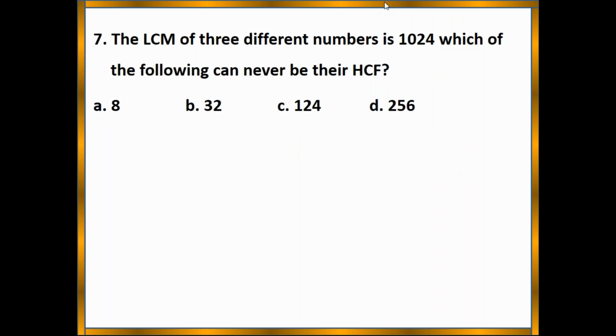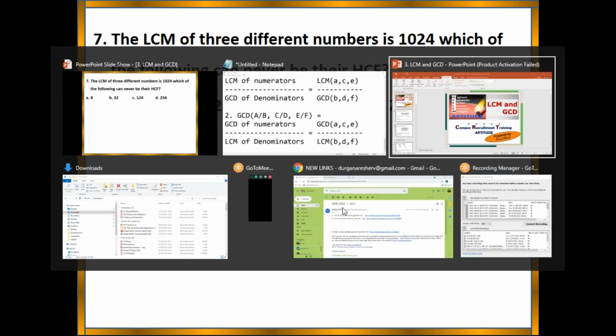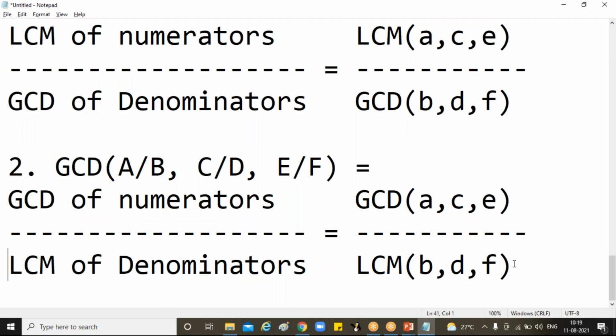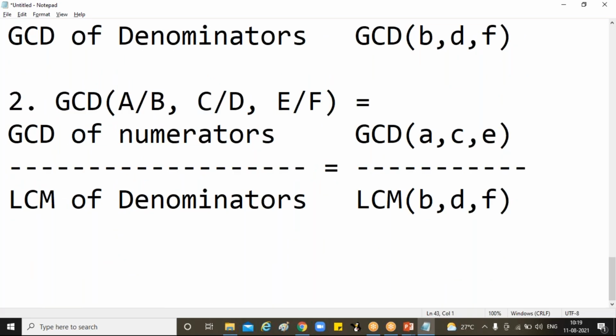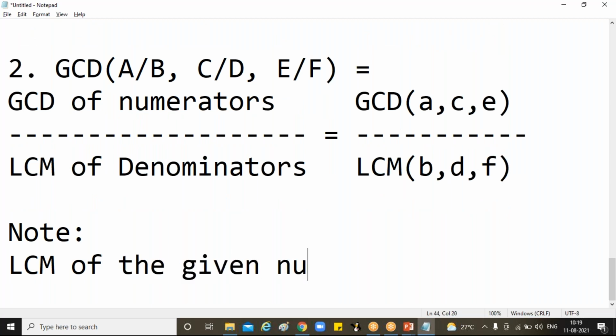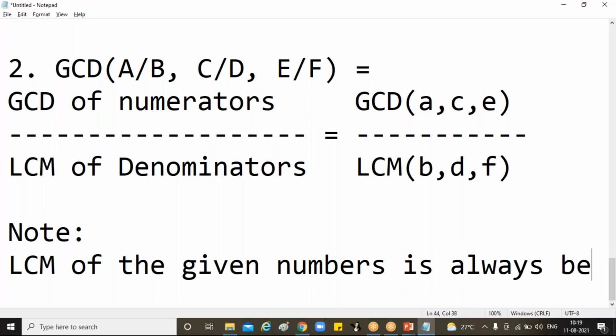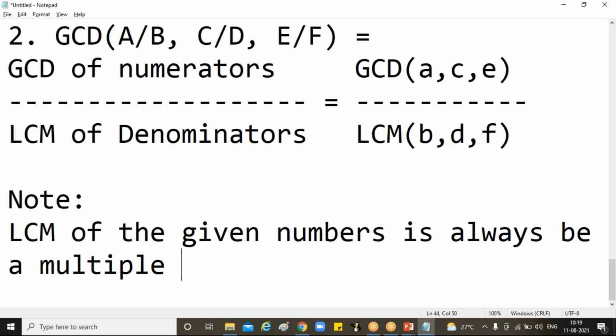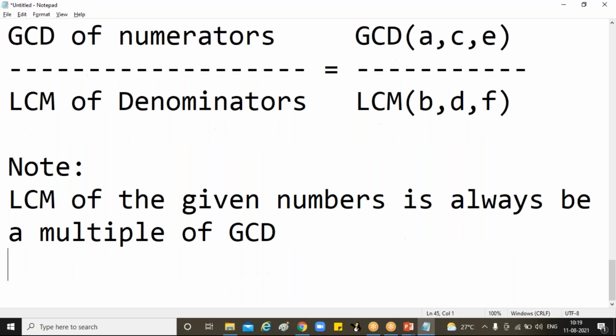Write down a note. LCM of the given numbers is always a multiple of GCD.